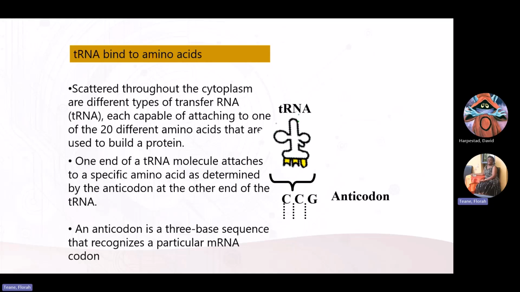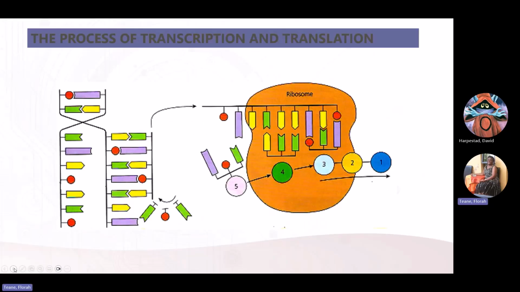Call this the 3-base sequence. Please don't forget the structure, because in the exam papers, this is the structure that they normally use to indicate transfer RNA.